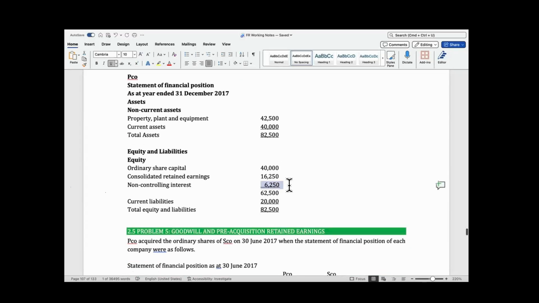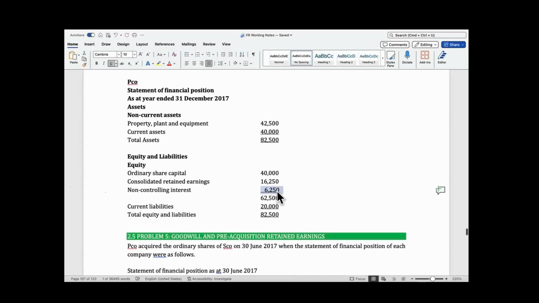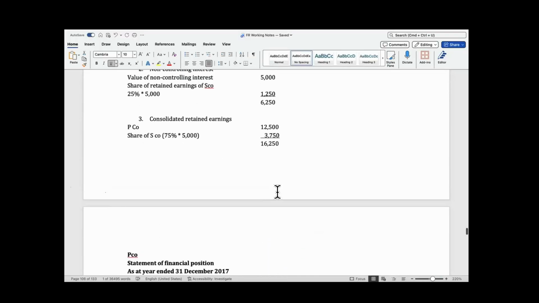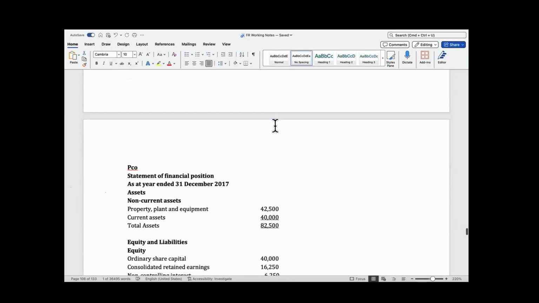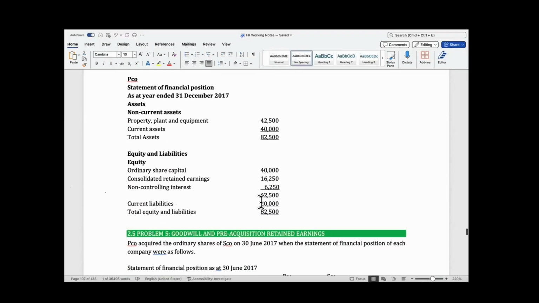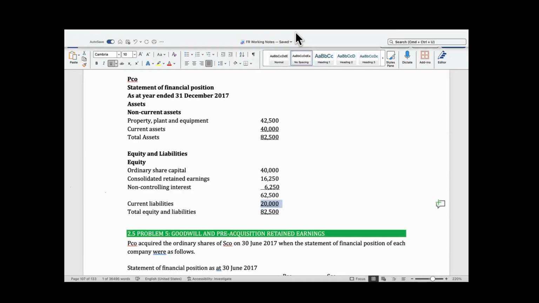Then NCI from my workings: this is the balance of the share capital of the subsidiary as well as their share in the subsidiary's retained earnings. Then current liabilities, the addition of the parent and the subsidiary. And that is that. Any questions?